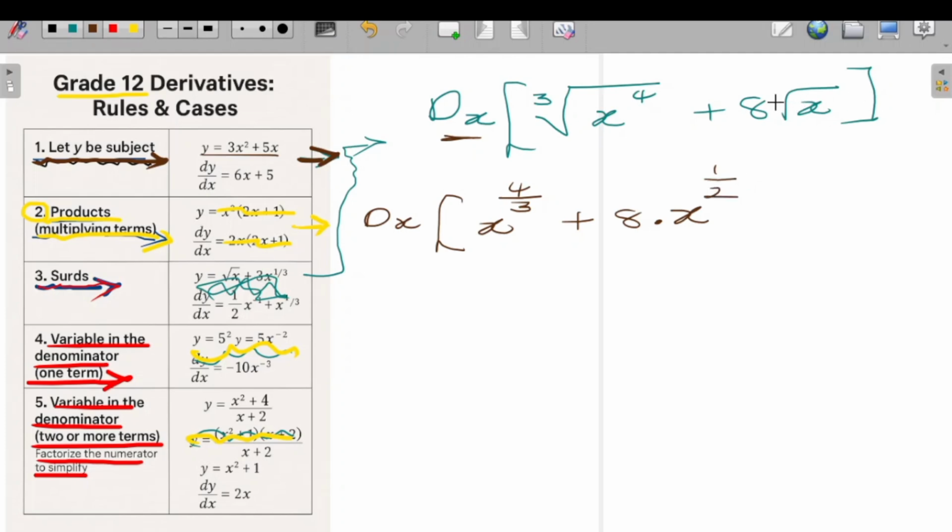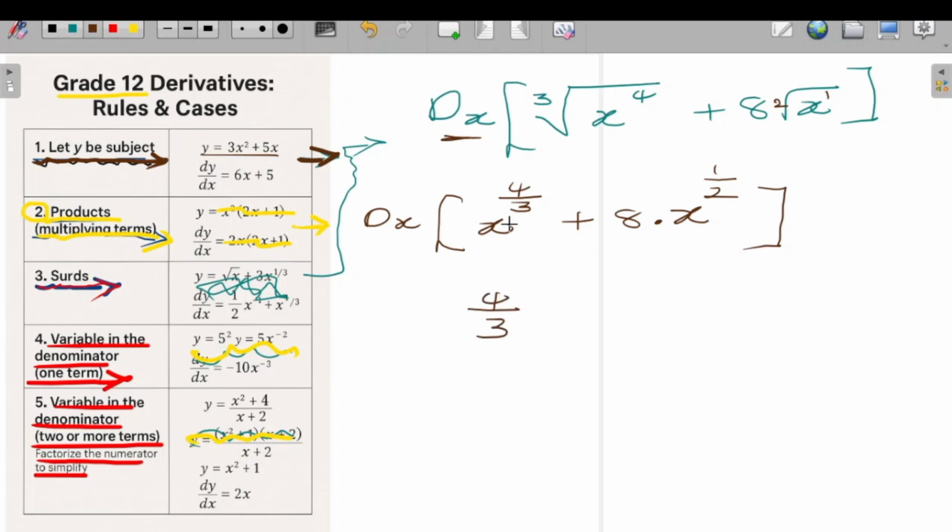Remember, there's a 2 there, but sometimes we don't write it, and there's a 1 that's sometimes not even written. So now you can simplify it, or you can just derive it straight away.